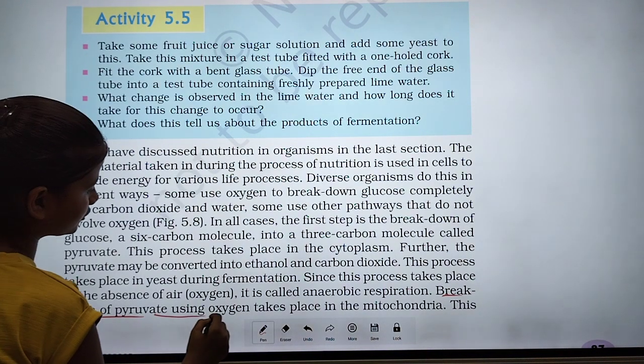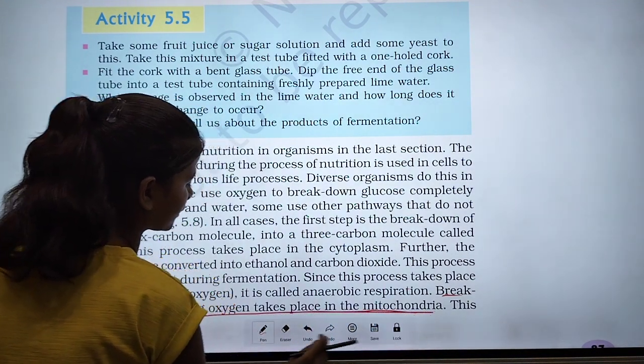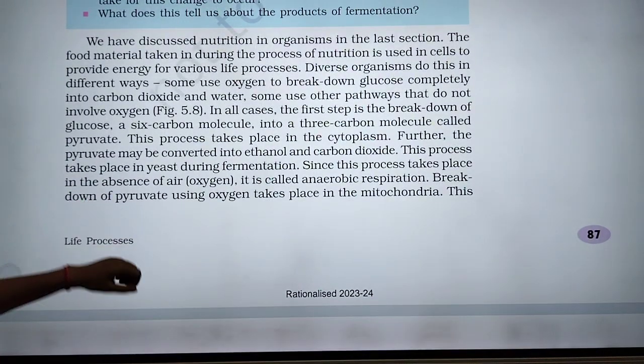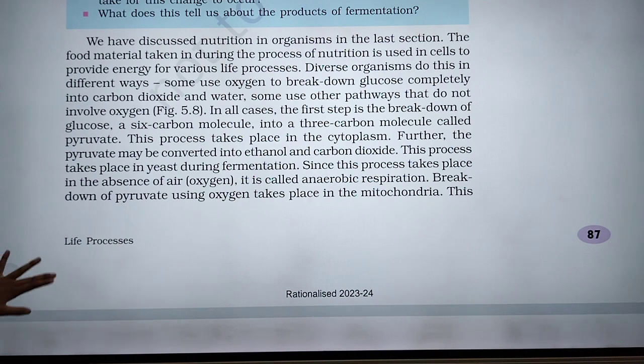Breakdown of pyruvate using oxygen takes place in mitochondria. We know that mitochondria is the powerhouse of the cell.